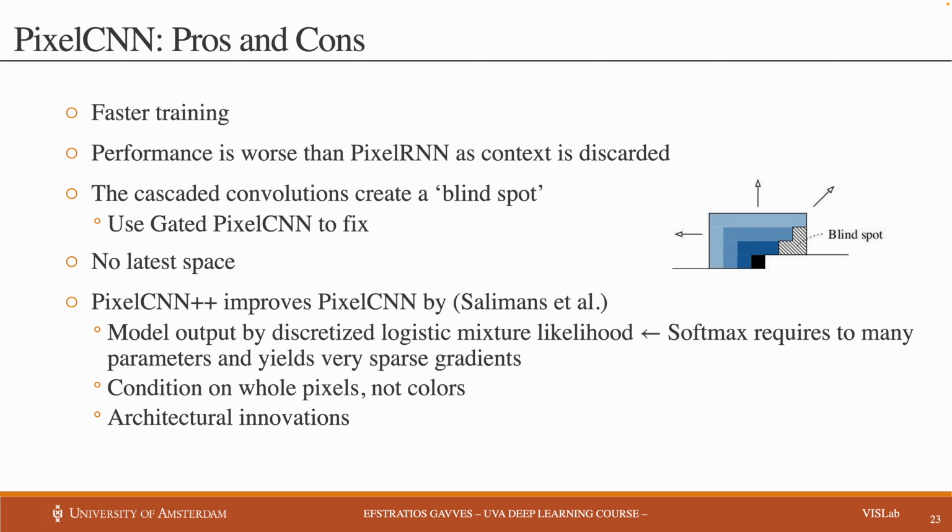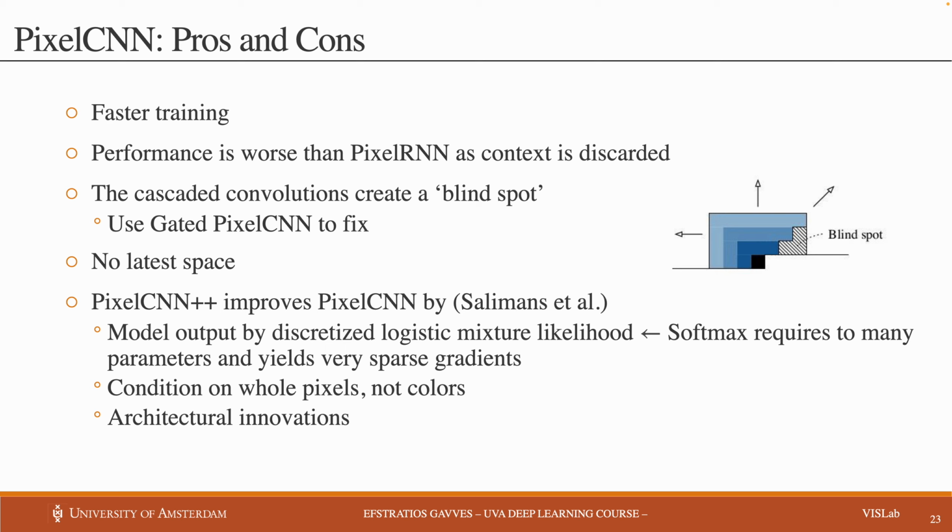Also, softmax requires too many parameters and yields very sparse gradients, because not all pixel values are visited equally. You only get one gradient per category in the end.